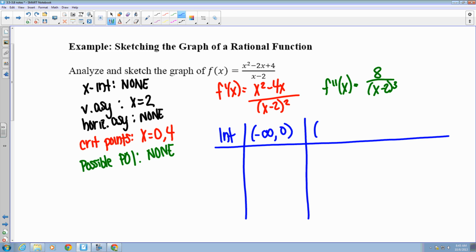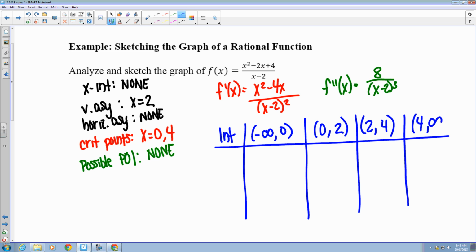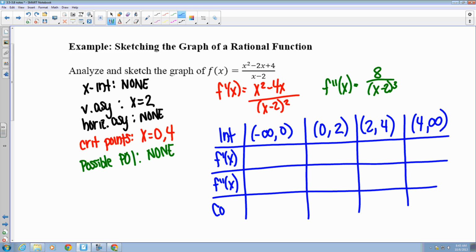It's often helpful to test that. 2 to 4, and then 4 to infinity. Okay, so we're testing this in our first derivative, second derivative, and then coming to our conclusion on the bottom.